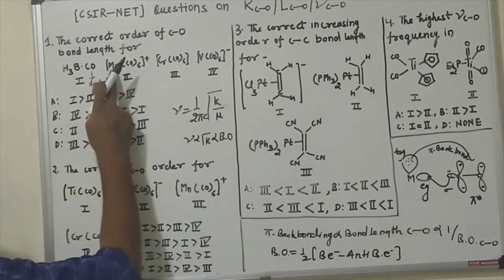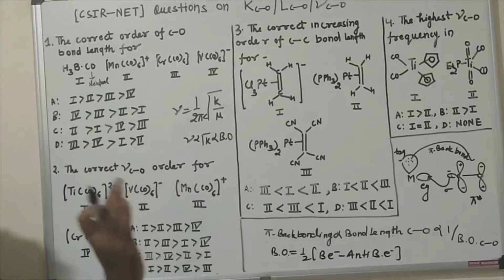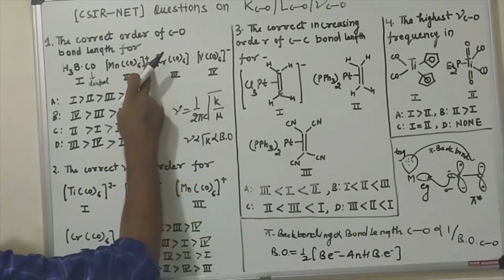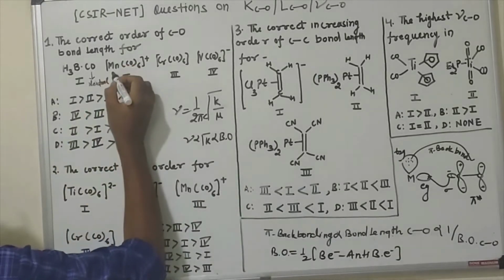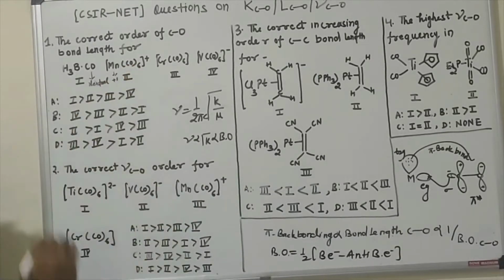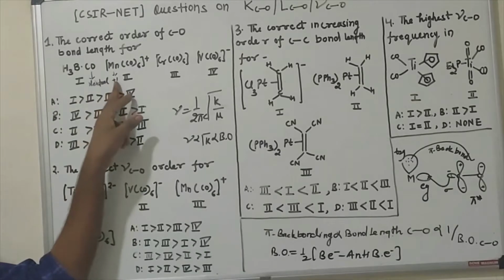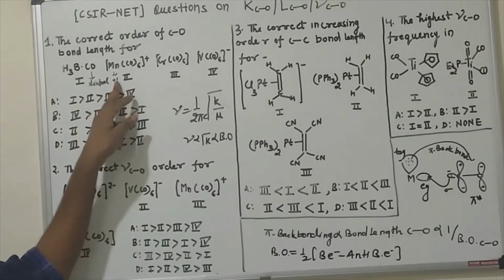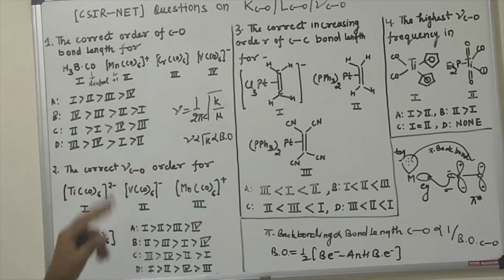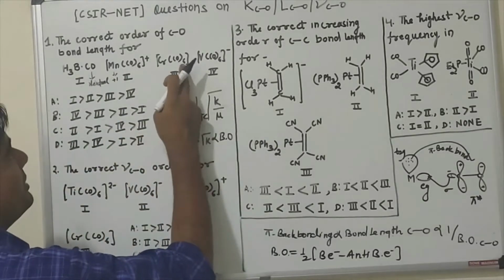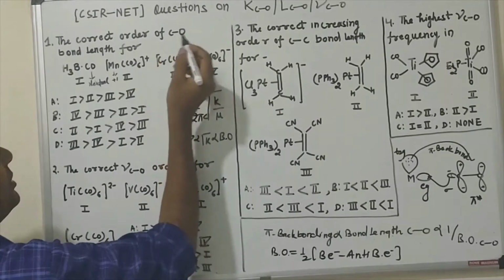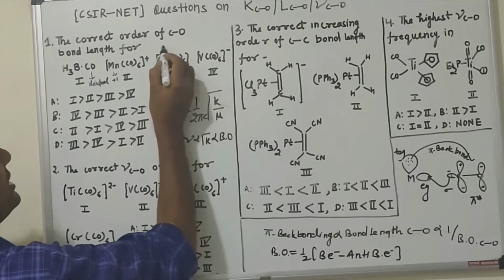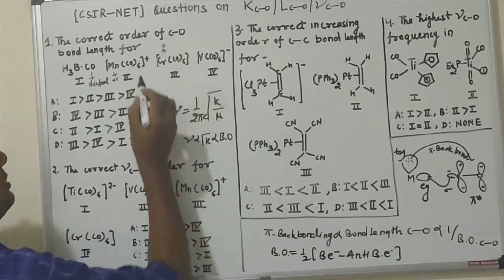In this case you can see CO is a neutral ligand and overall the charge on this complex is 1 positive. So this 1 positive will exist on Mn. So Mn is 1 positive, that means poor electron density is available on Mn. In this case, CO is a neutral ligand and there is no charge, so the oxidation state of chromium is 0.